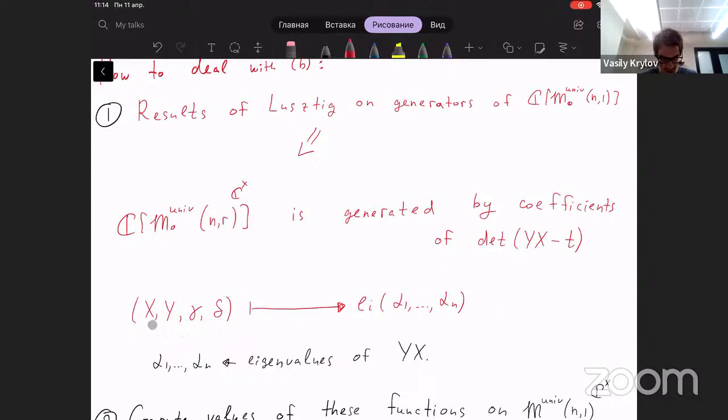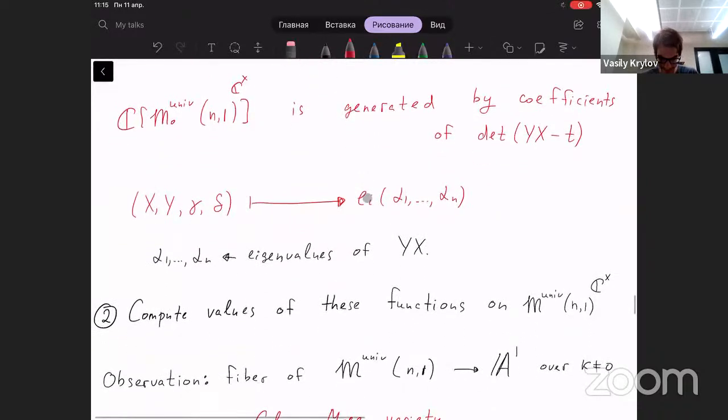You map your quadruple x, y, gamma, delta, here should be 1, to e_i of alpha 1, ..., alpha n, where alpha 1, ..., alpha n are eigenvalues of yx. This is some particular function, and these functions generate the whole scheme-theoretic fixed points.